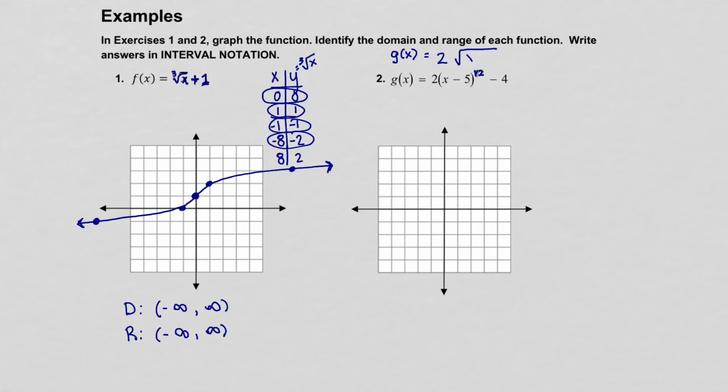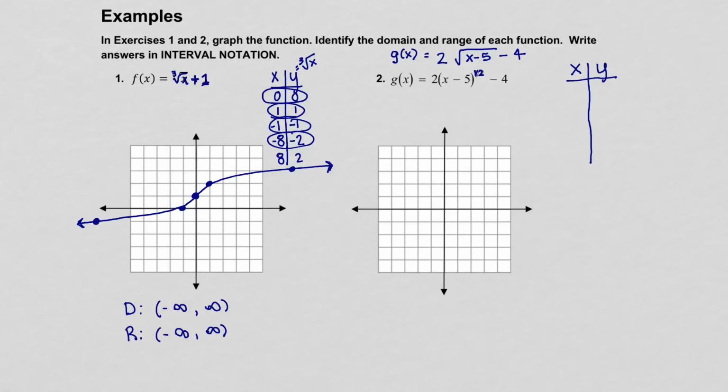And this means the exact same thing. These are equivalent statements. So now looking at it, my parent graph I see is going to be the square root.